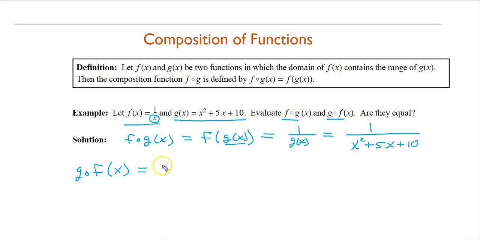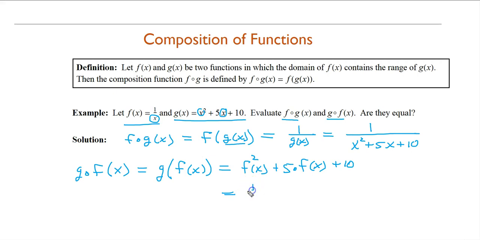Now let's look at g composed with f. So by definition, this is going to be g of f of x. Now, wherever we see an x up here in our definition for g, we replace it with the letter f. And now we replace the f with 1 over x.